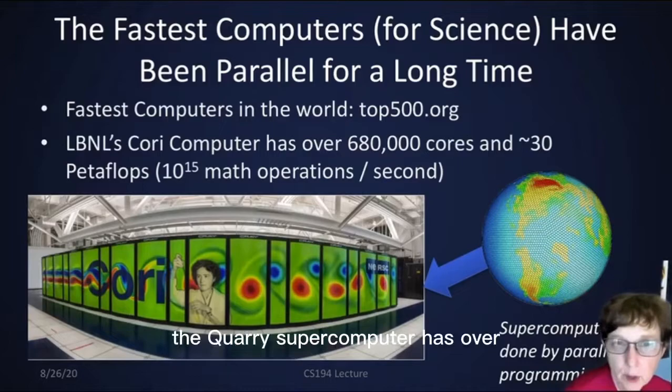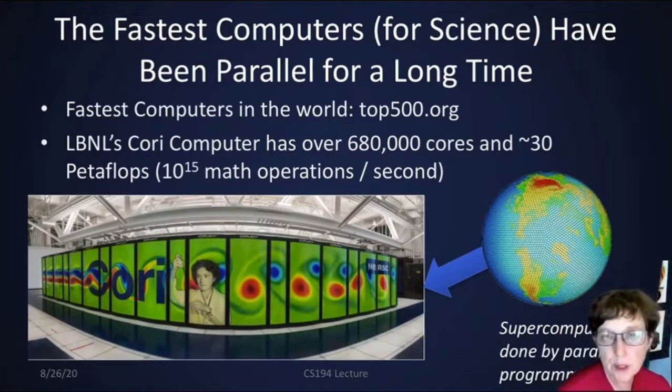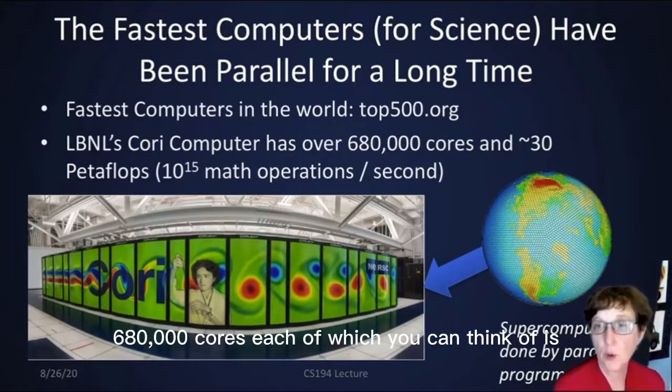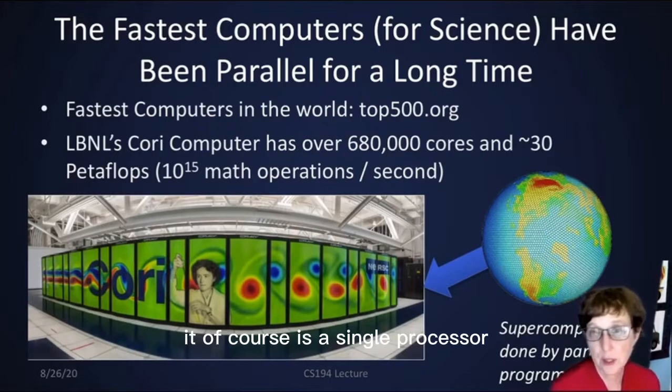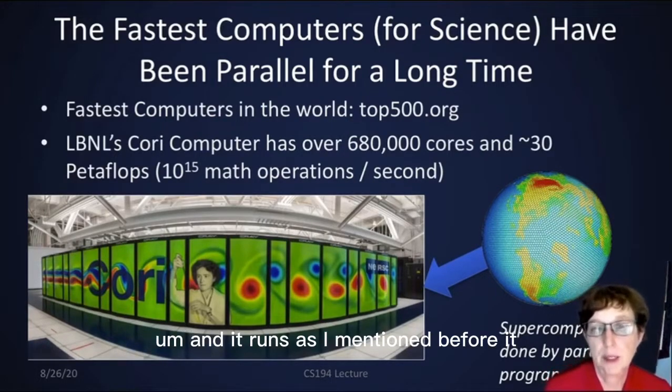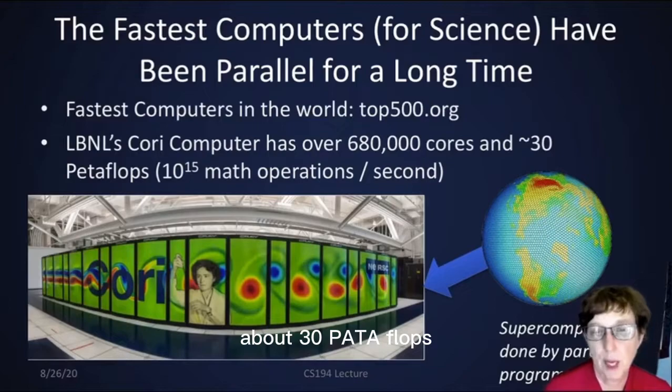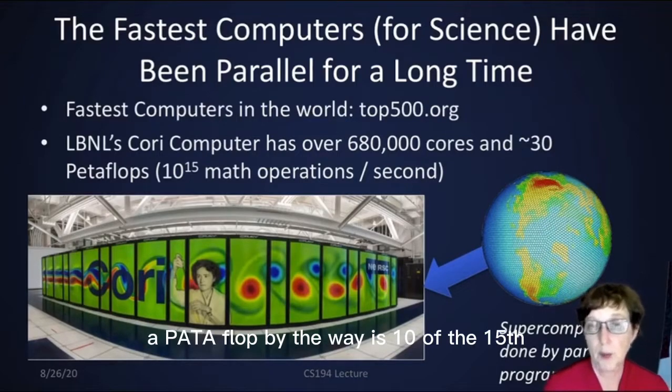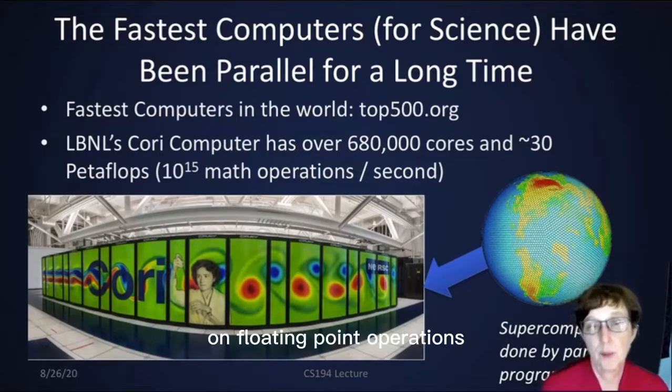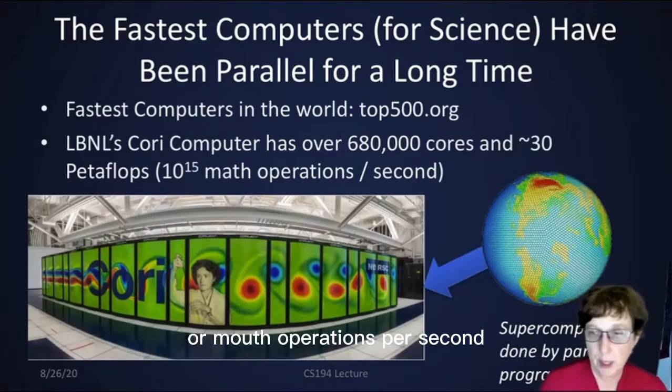The Cori supercomputer has over 680,000 cores, each of which you can think of as a single processor, and it runs, as I mentioned before, at about 30 petaflops of peak performance. A petaflop, by the way, is 10^15 floating point operations, or math operations, per second.